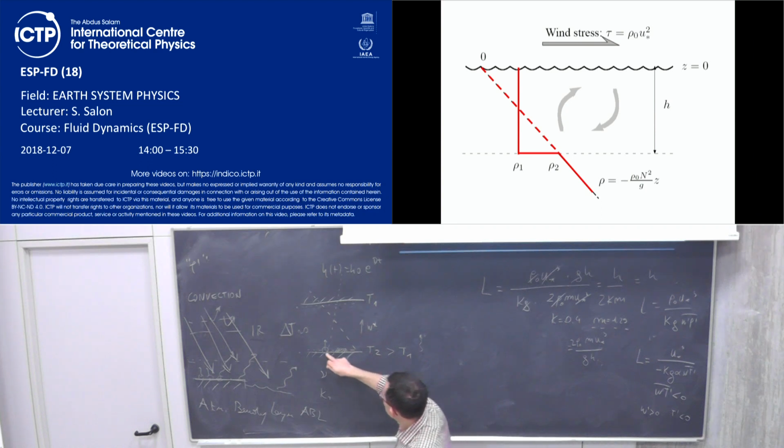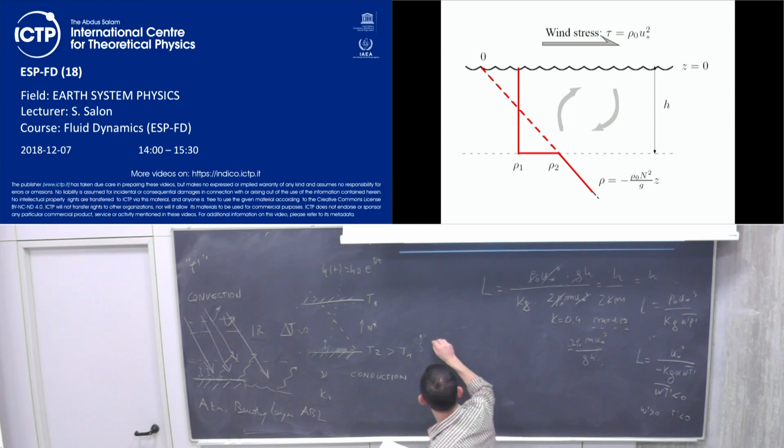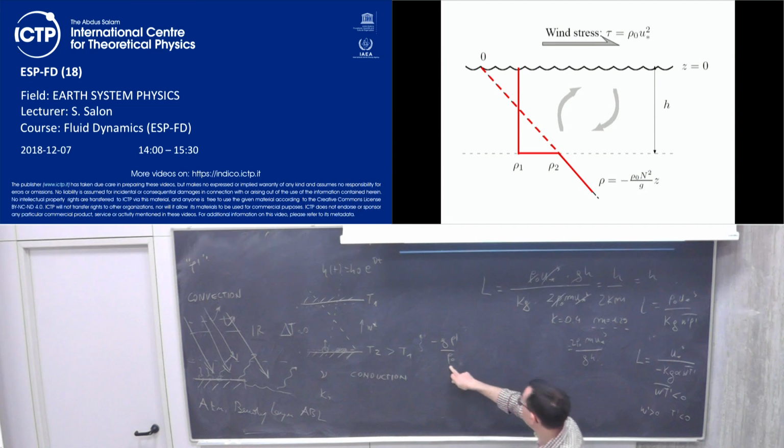So the buoyancy force, which is actually the buoyancy term in the Z momentum equation, can be described as alpha G delta T. Why?